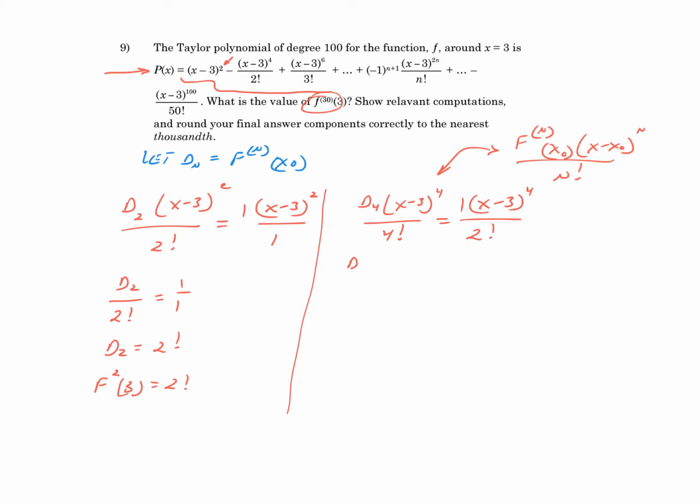Pull off what I need. D over 4 factorial equals 1 over 2 factorial. D sub 4 equals 4 factorial over 2 factorial. And you'll see that I'm not simplifying them. When I simplify things out, I start to lose the pattern. At least that's how my brain works, or it doesn't work. So the fourth derivative of 3 equals 4 factorial over 2 factorial.